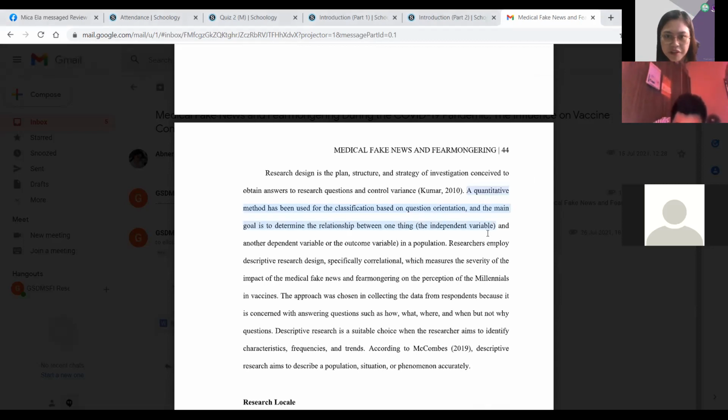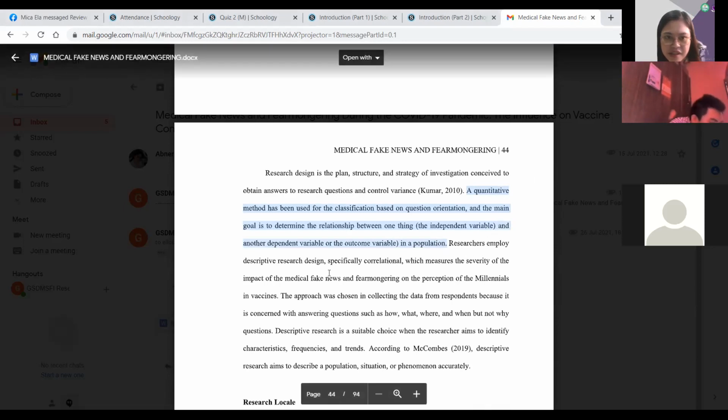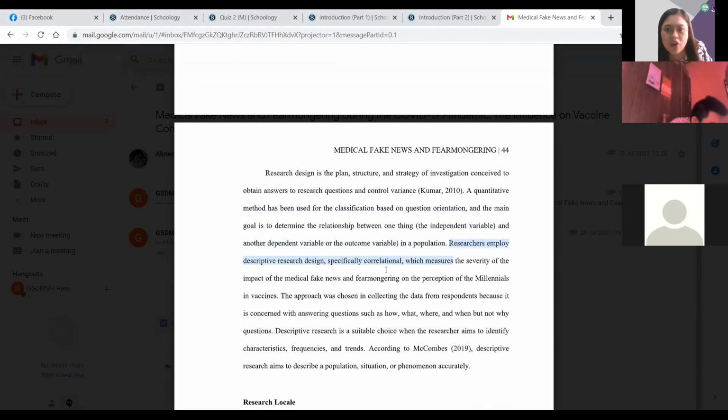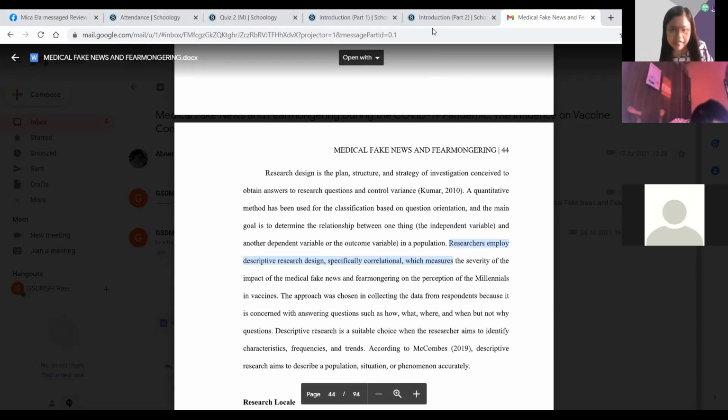They have identified that their research is a quantitative research design, and specifically, researchers employ descriptive research design, specifically correlational. So though iba yung kanilang pagka-state compared with the other group, but they have correctly identified also that their study is quantitative, descriptive, correlational research design.